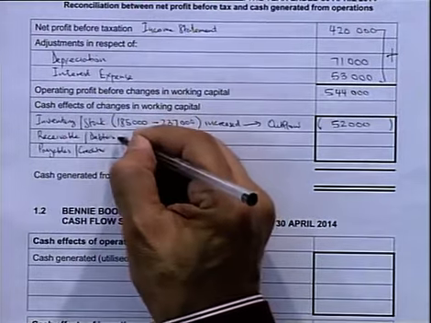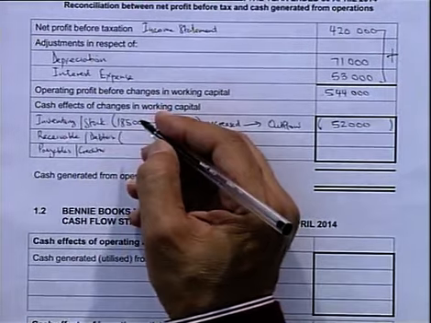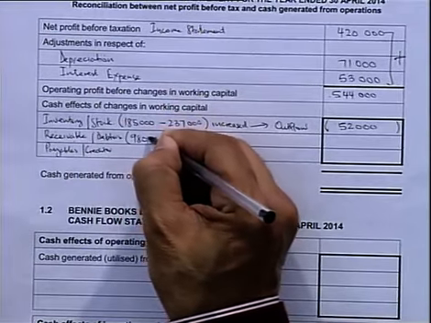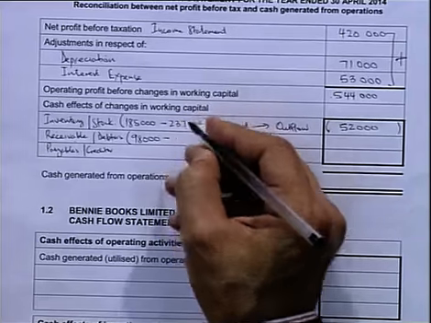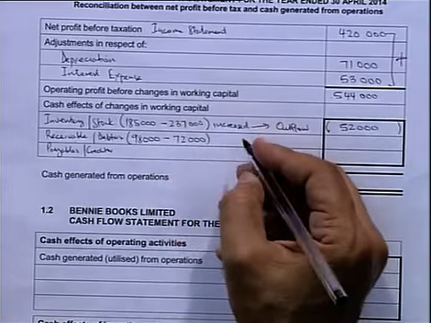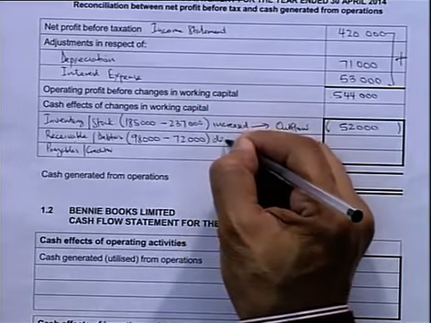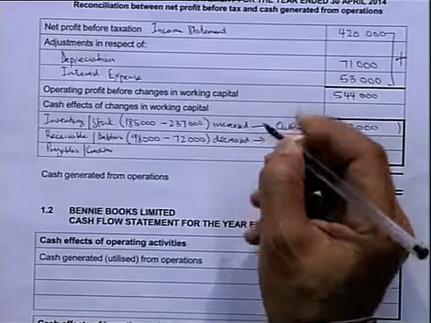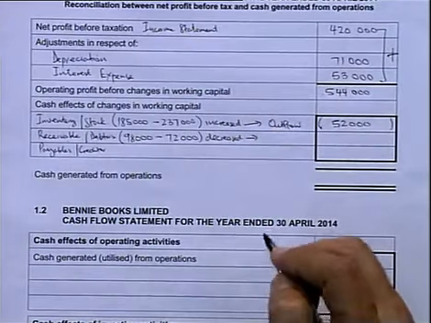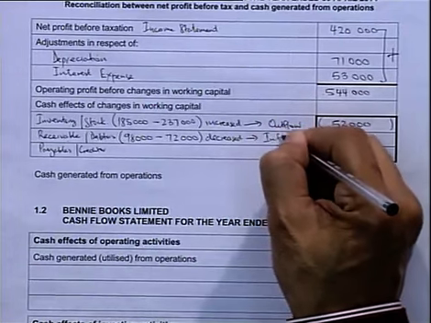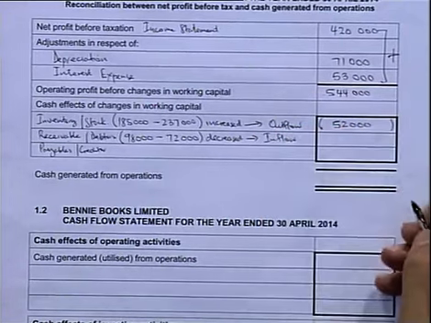Right, so that's all the figures that I'll have in brackets next to my note. So last year, the receivables was 98,000, and this year the receivables is 72,000. So my receivables decreased, meaning that the debtors settled their accounts, so this will be recorded as an inflow.